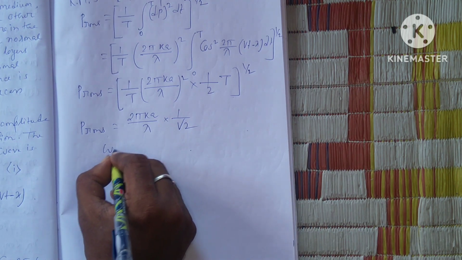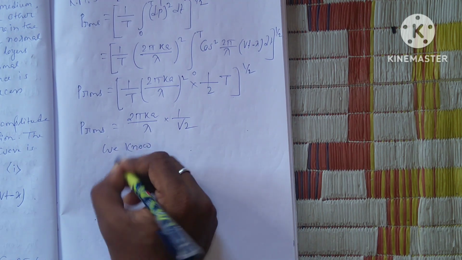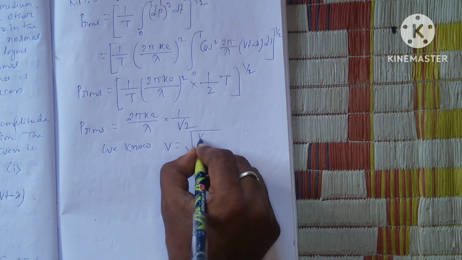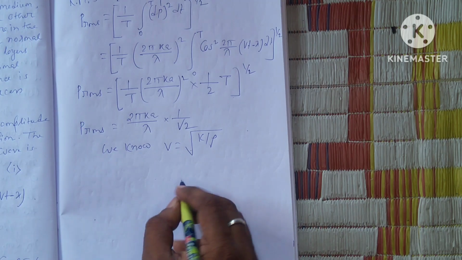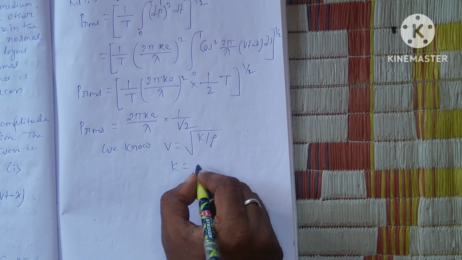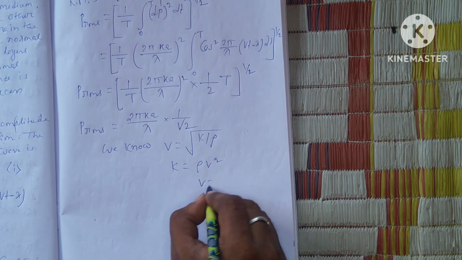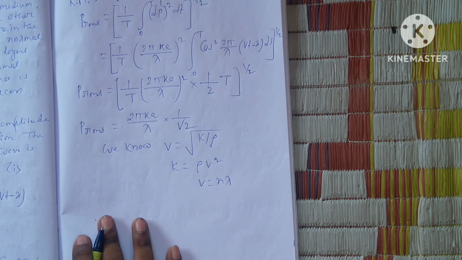We know that V equals root over K by rho, that is K equals rho V square. We know V equals n lambda.